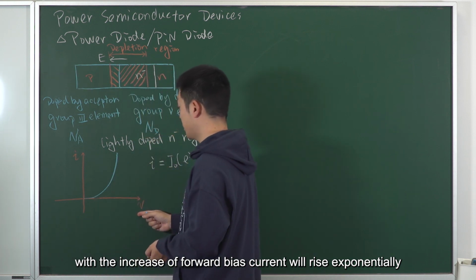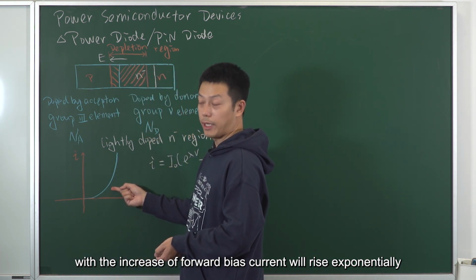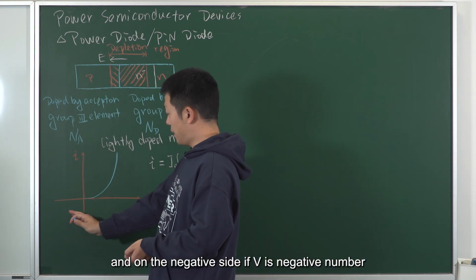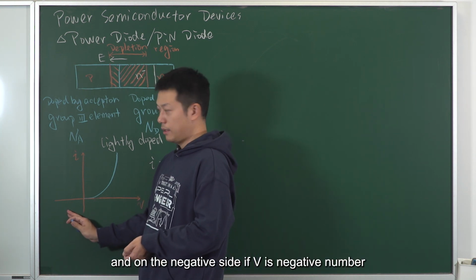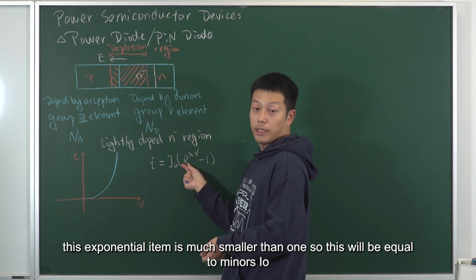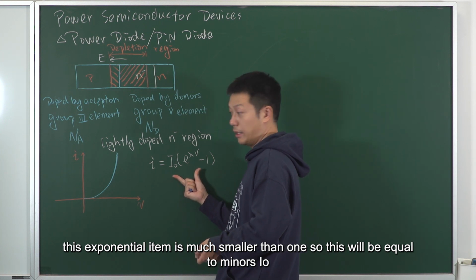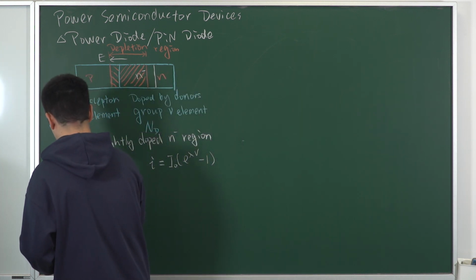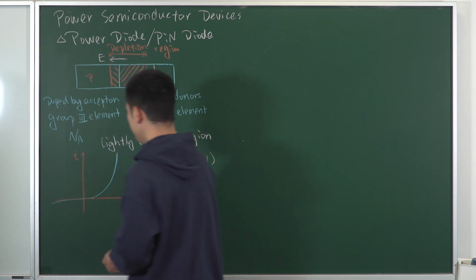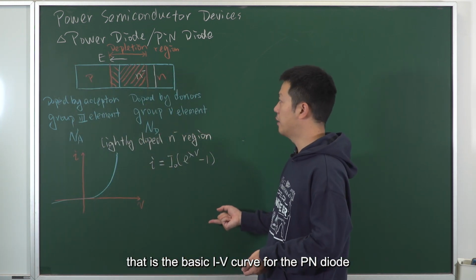With the increase of forward bias, current will rise exponentially. And on the negative side, if V is a negative number, this exponential term is much smaller than 1, so the current will equal minus I0. That is the basic IV curve for the PN diode.